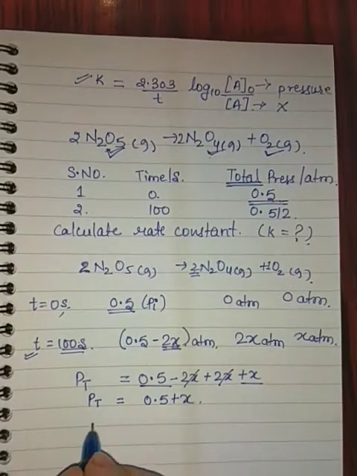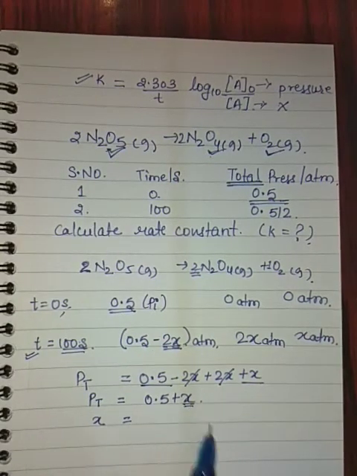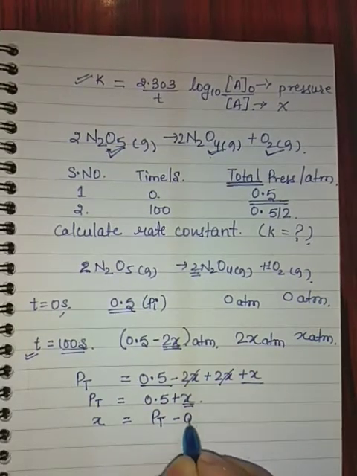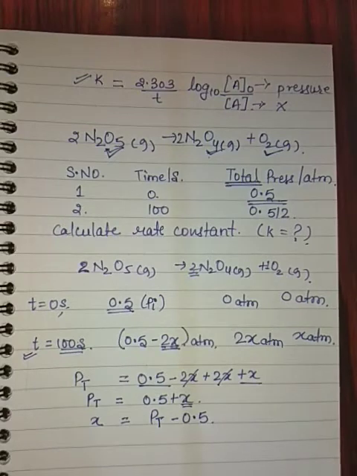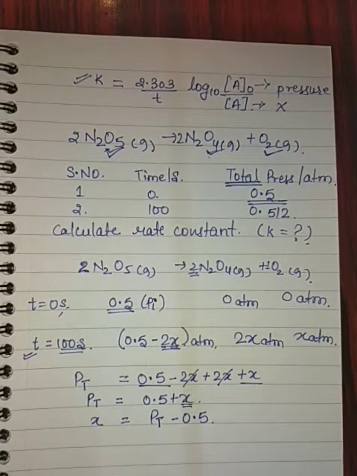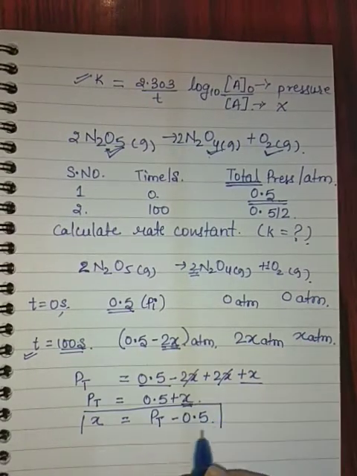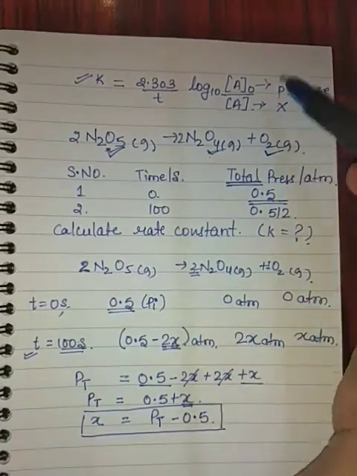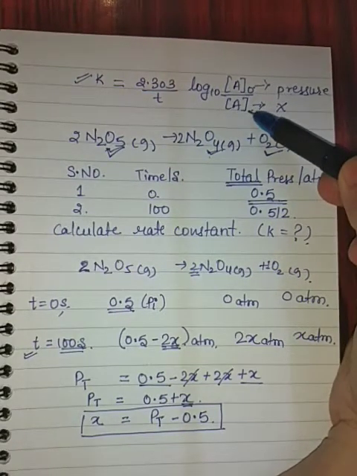Since we don't know the value of x, we need to find it. x is equal to Pt minus 0.5. So this is the value of x you got. We know the initial pressure, but we still don't know the pressure of the reactant at time t equal to 100 seconds.